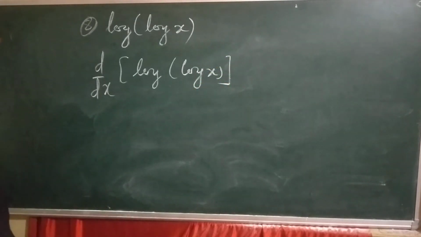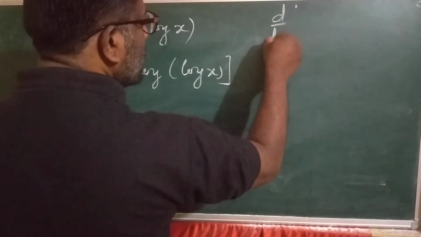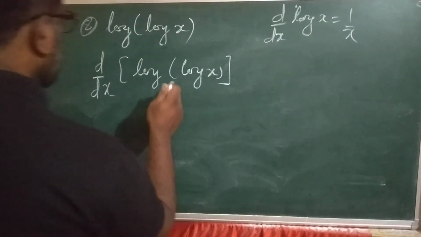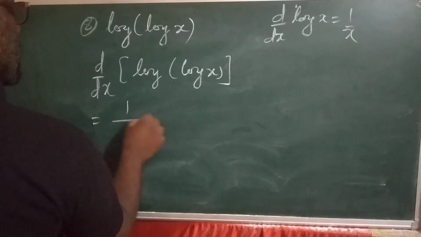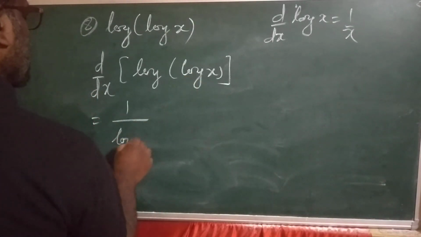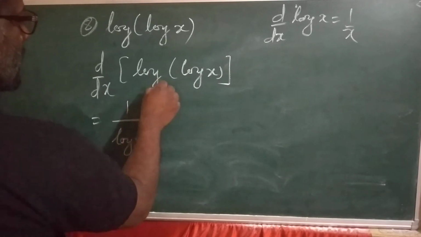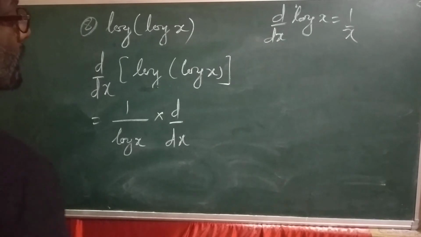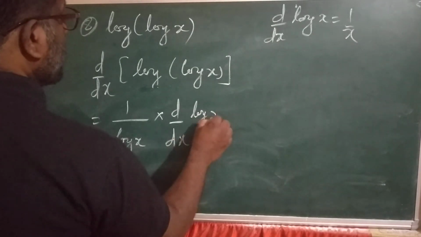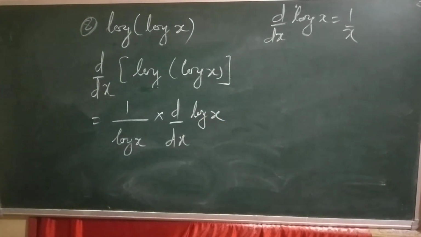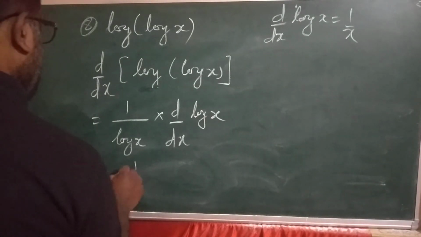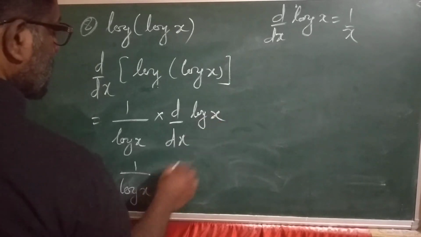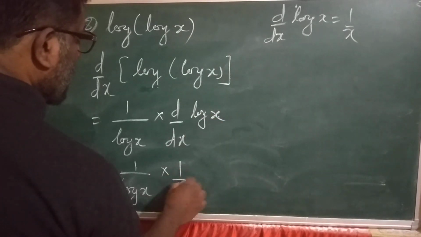As we know that the derivative of log x is 1 upon x. So we can write here 1 upon log x for this log, and by chain rule, because one more function is here, log x, and that function is log x only, so derivative of log x is 1 upon x.